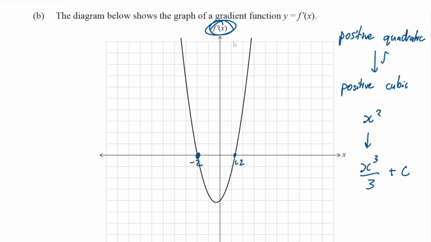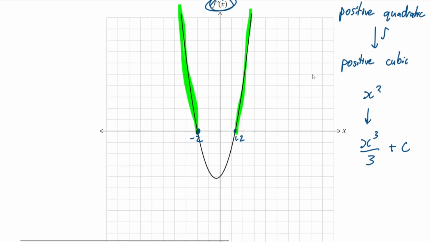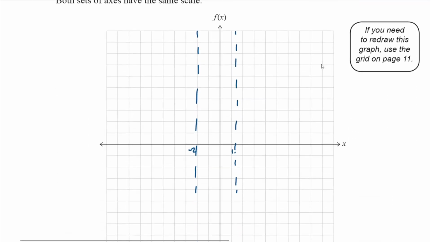The gradient left of negative 2 and right of 1.1 has a positive value, because on our gradient function, the y value is positive, which means on our original function, we would expect it to have a positive gradient, then a negative, and then a positive.